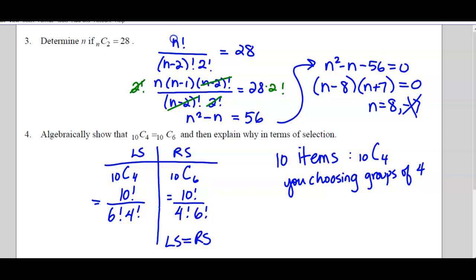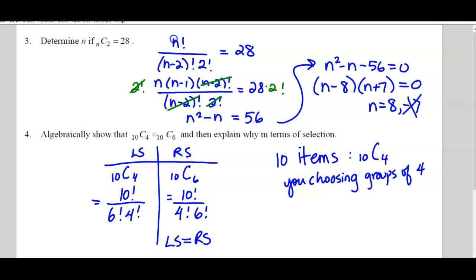So for each group that you are choosing, groups of 4, what's left over is the same as what you would get if you're choosing groups of 6, right? Because really, when you take out those 4 people, that's one group of 6 people left. You take out a different group of 4 people, then there's another different group of 6 left over. So it ends up being the same thing. Mathematically, you can see it, but that's why.